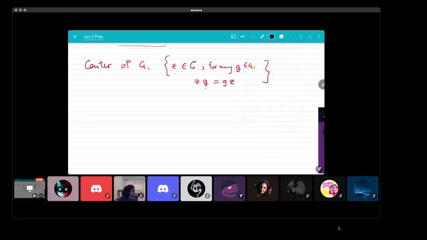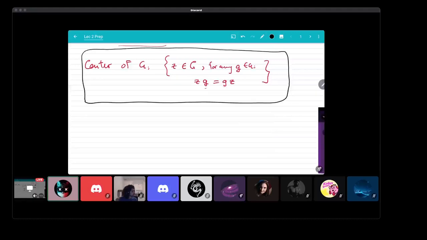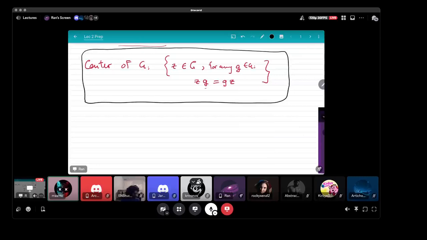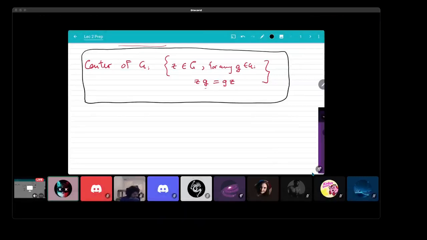So this is the center of G, and this is a normal subgroup of any group.